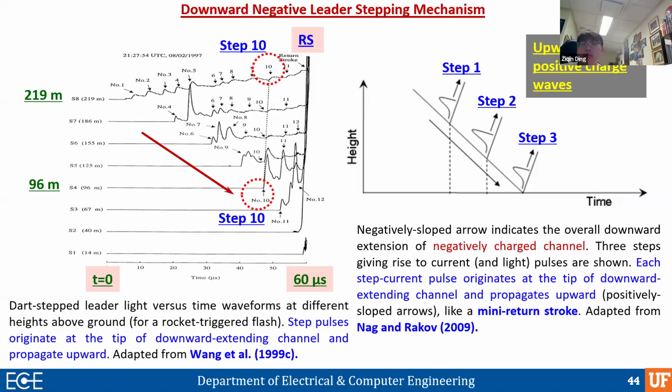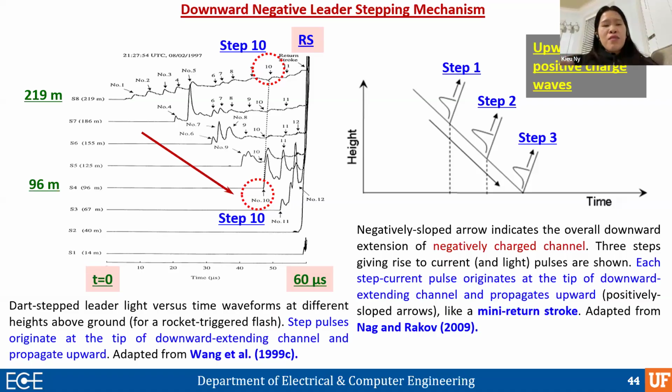For that leader, since the channel is still warm and very conducting, no steps are observed. But if the channel is not that well conducting, you will still observe stepped signatures in the electromagnetic field measurement. So that's why we call it a dot step leader. It's something in between dot leader and step leader.